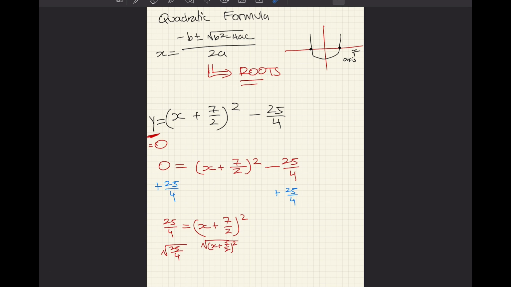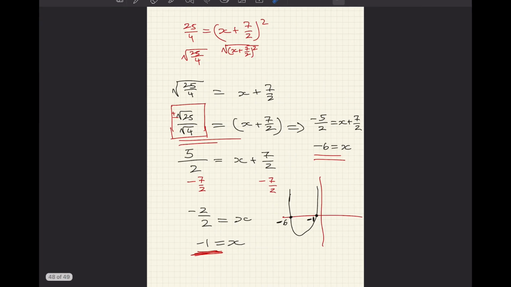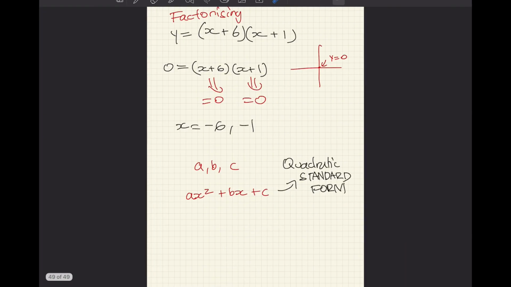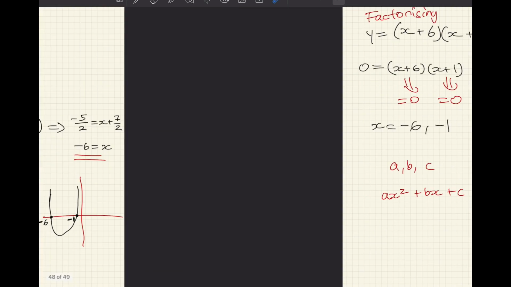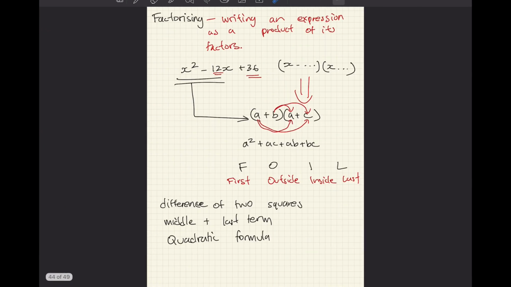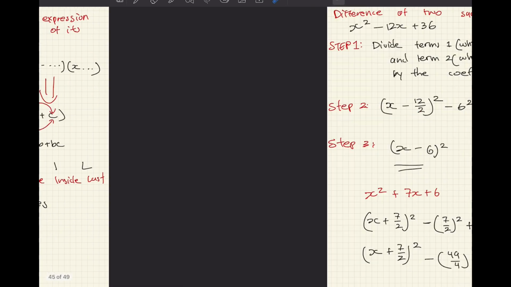We then solved for the roots by making y equal to 0, and we then tried that using factorizing as well. On top of that, we had a look at how we can use two bracket equations, so (a + b) and (a + c), and expand and factorize that to make a quadratic or to factorize a quadratic.